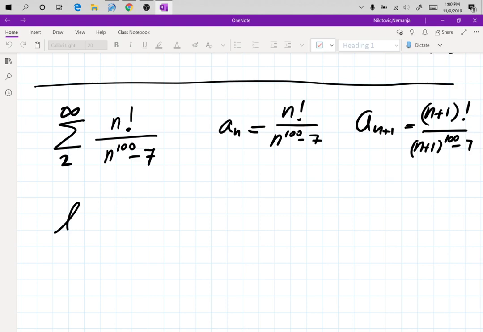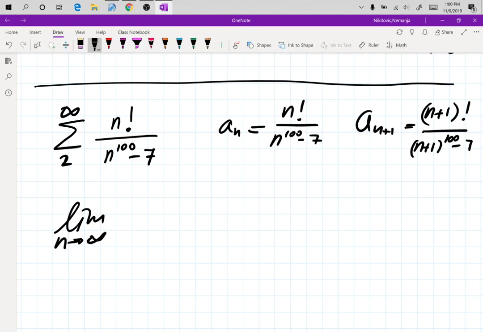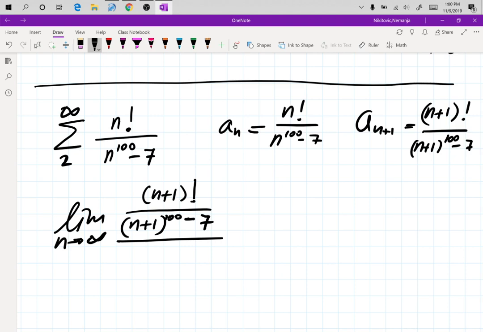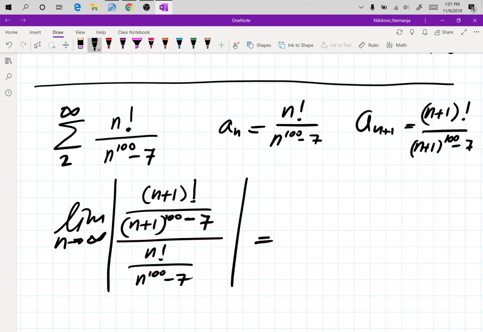So limit as n goes to infinity, and we have (n plus 1) factorial divided by (n plus 1) to the 100 minus 7, divided by n factorial over n to the 100 minus 7, in absolute values. Good.